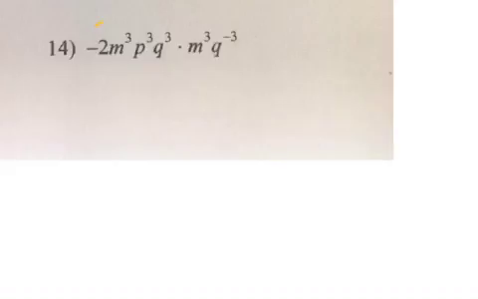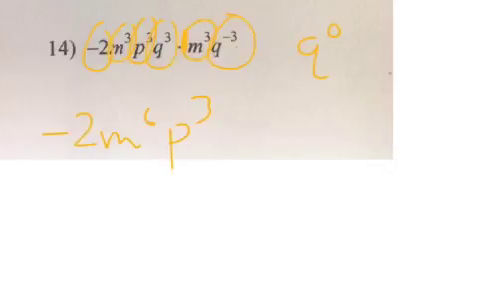So what would I do first? Well, that negative 2 times basically a 1 there is going to be negative 2. That m cubed times that m cubed there is going to be m to the 6. That p cubed, oh, there's no other p's there, so it's still p cubed. That q cubed times that q to the negative 3, wait a minute, isn't that q to the 0?